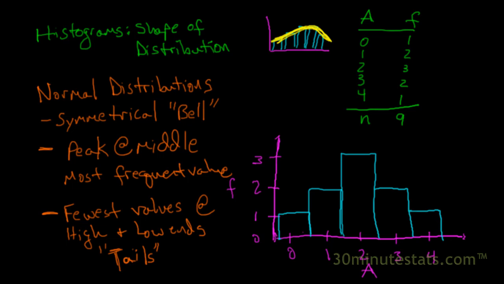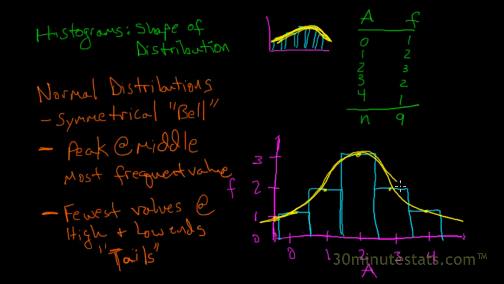Now this histogram, we just created a histogram of the frequency distribution for A, and so we can look at these frequencies in graphical form. If you imagine connecting the dots at the top of each bar here, we can create a line that represents this distribution and goes through each of these.